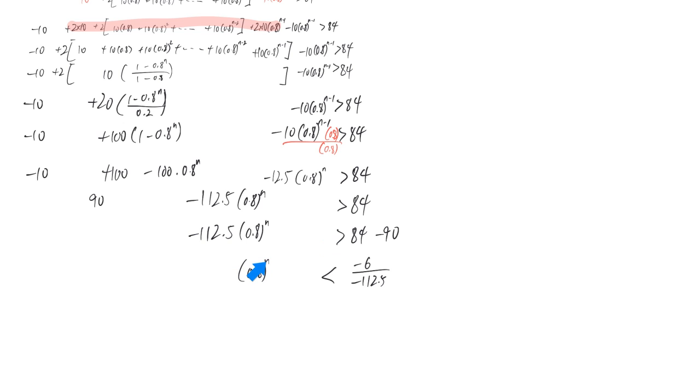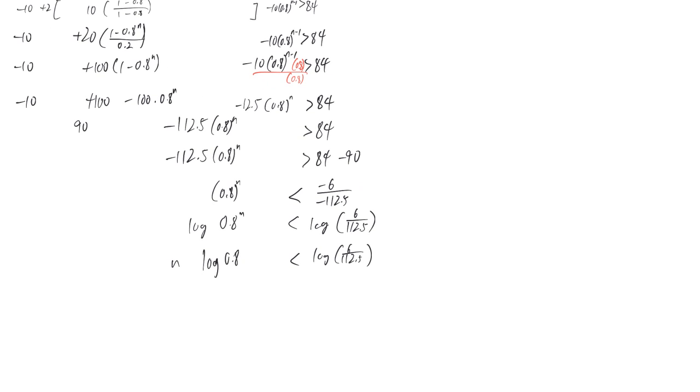The technique to take n out to the front is taking log on both sides. So we take log on both sides. n times log 0.8 compared with log 6 over 112.5. And finally, we have to divide both sides by log 0.8.